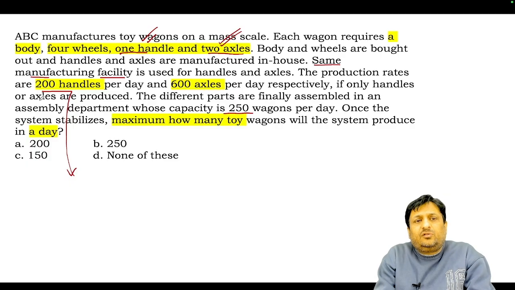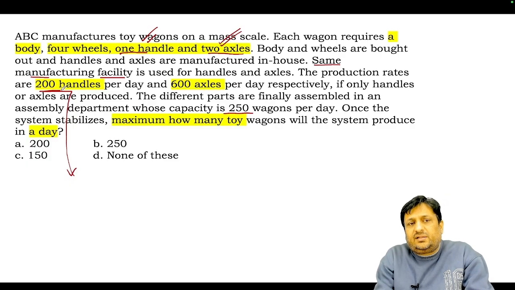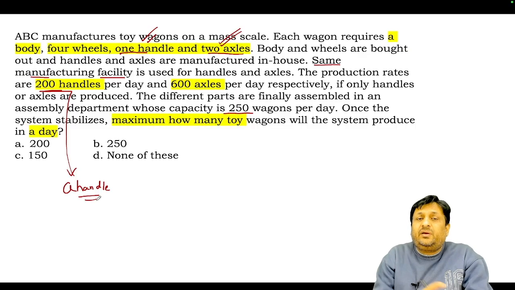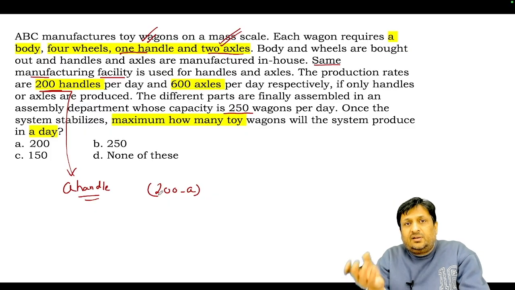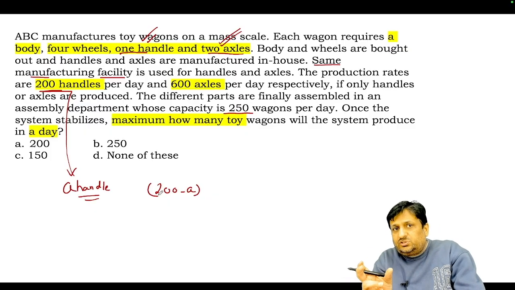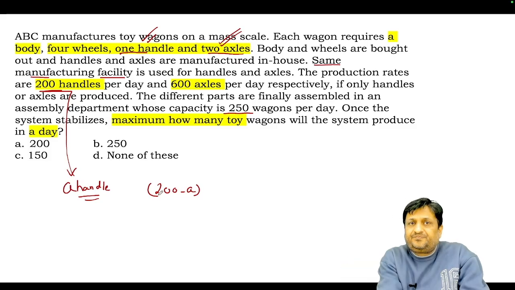So it means I am not going to produce 200 handles. Instead, let's say I am going to produce A handles only. So what capacity of the manufacturing facility remains unused? The 200 minus A handles which I have not manufactured, that time can be used to produce axles.